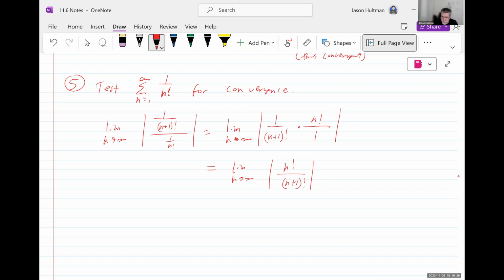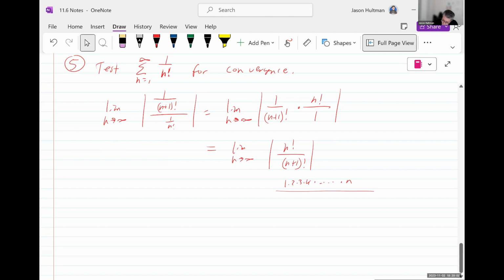Well, n factorial is you multiply all the positive integers up to n. So this would be like 1 times 2 times 3 times 4 times ... times n. Okay. And what would n plus 1 factorial mean? It would mean I would go one more. 1 times 2 times 3 times 4 times ... times n plus 1.